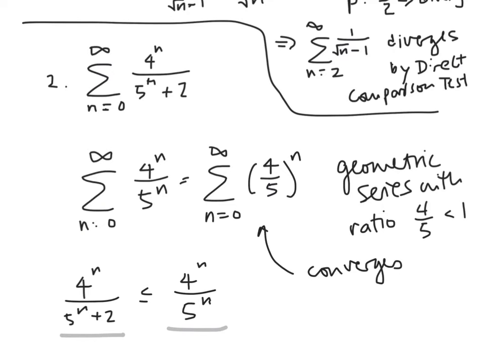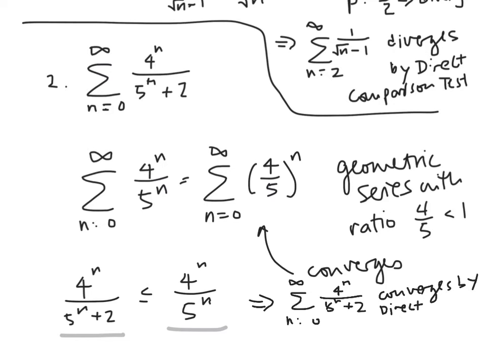So 4 to the n over 5 to the n plus 2, those terms are smaller than 4 to the n over 5 to the n. And therefore, what this should tell us is that the sum from n equals 0 to infinity of 4 to the n over 5 to the n plus 2 converges by direct comparison test. Sorry for the messiness here.